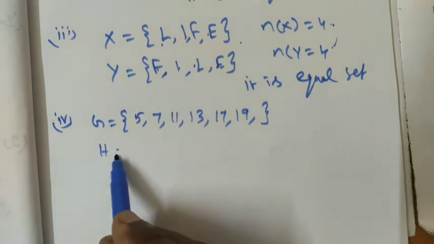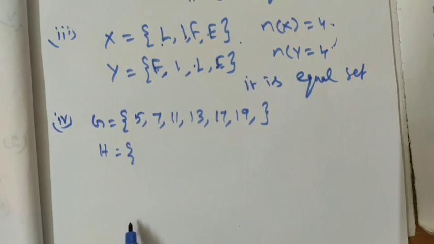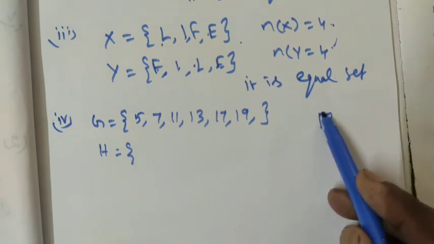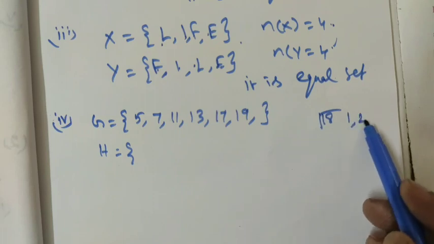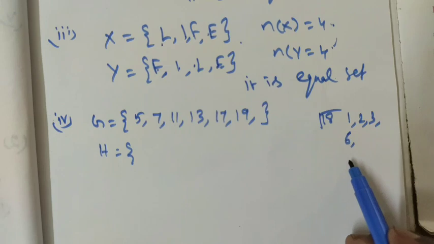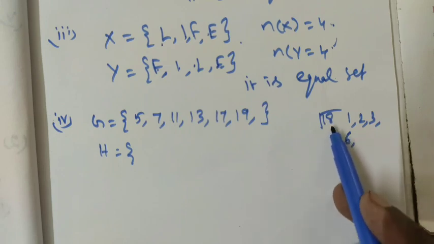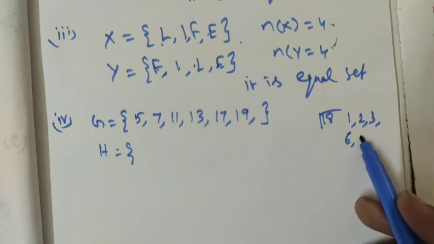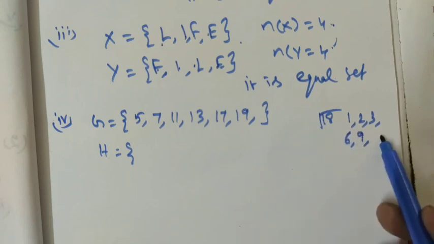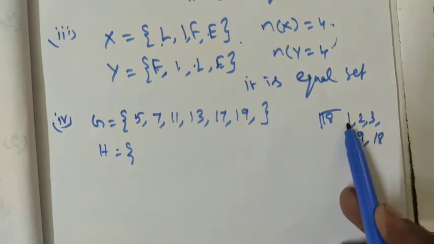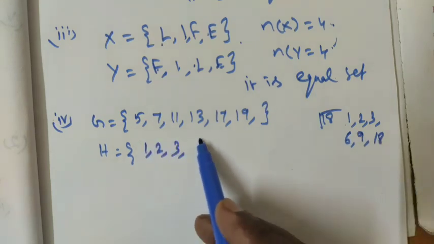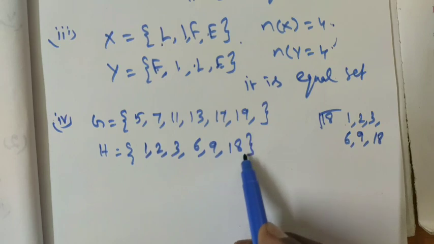And then the set H is given as the divisors of 18. 18 can be divided by 1, right? And then 2 and then 3 and then 6. 4 is not possible and 5 is also not possible, 6 is possible and 7 not possible, 8 also not possible, 9 is possible and then 18. These are the divisors of the number 18, that is 1, 2, 3, 6, 9, 18.